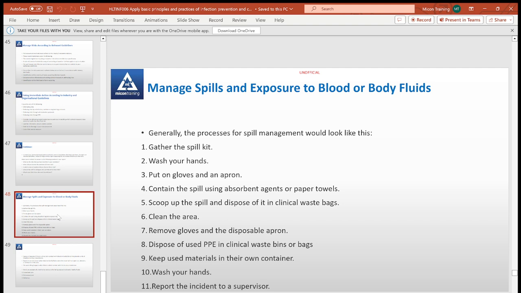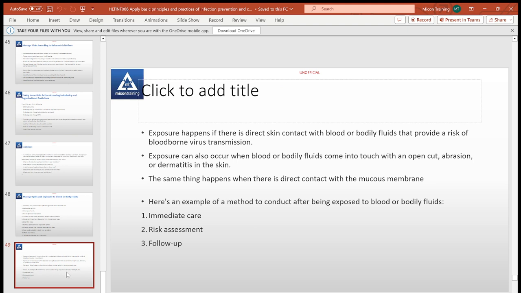This is just a general procedure that needs to be followed if we find ourselves exposed to body fluid or a spill. Exposure happens if there is direct skin contact with blood or bodily fluid that provides a risk of blood-borne virus transmission.